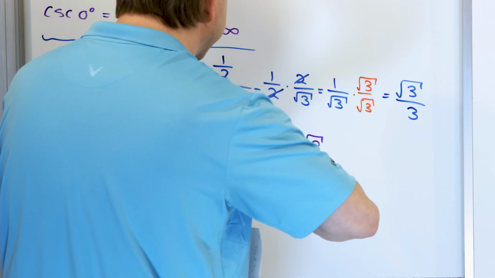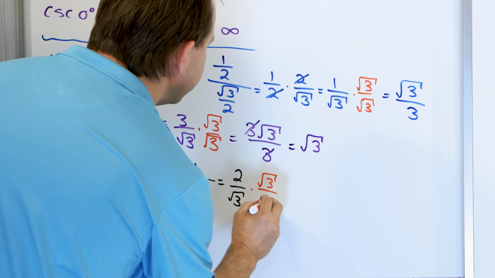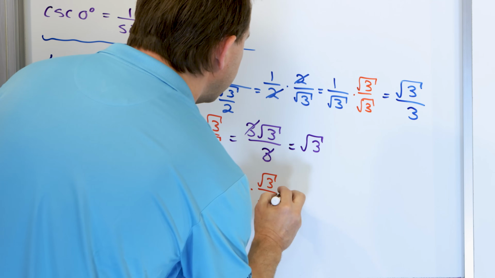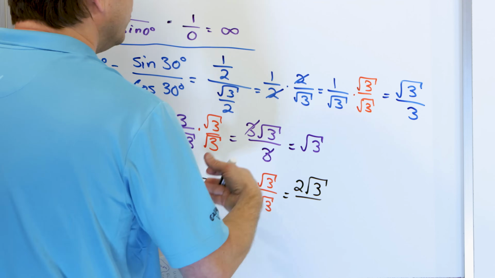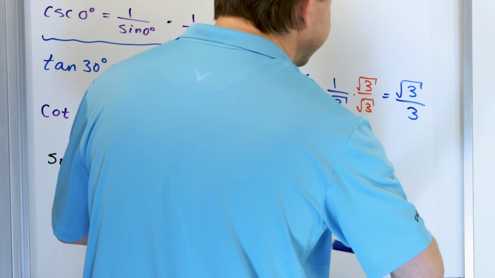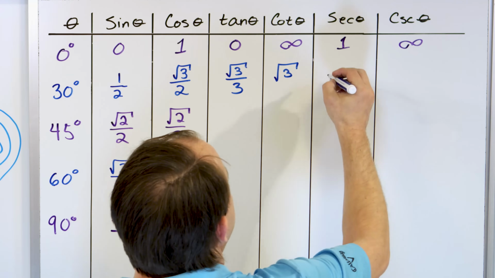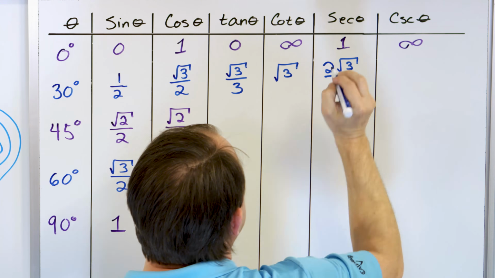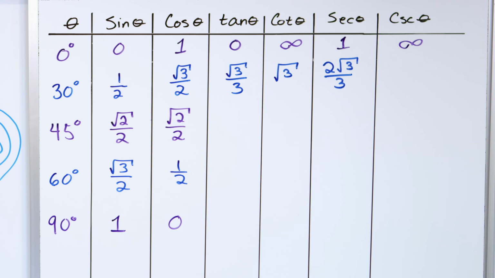We don't want radicals in the bottom, so we multiply by square root of 3 over square root of 3. And so then what we get is 2 times the square root of 3 over square root of 9, which reduces to 3. So you get 2 times the square root of 3 over 3. Let me just double check. 2 square root of 3 over 3. The secant of 30 degrees is equal to that.